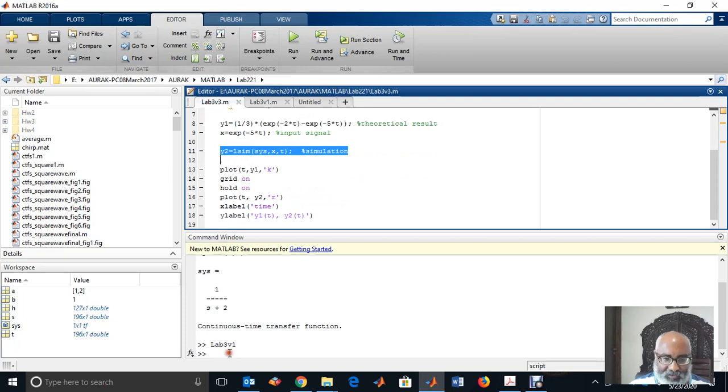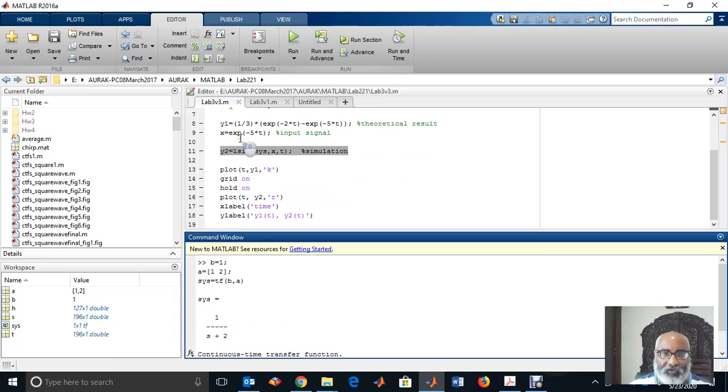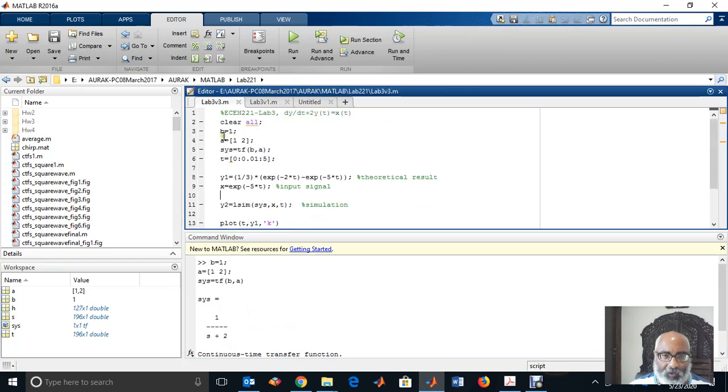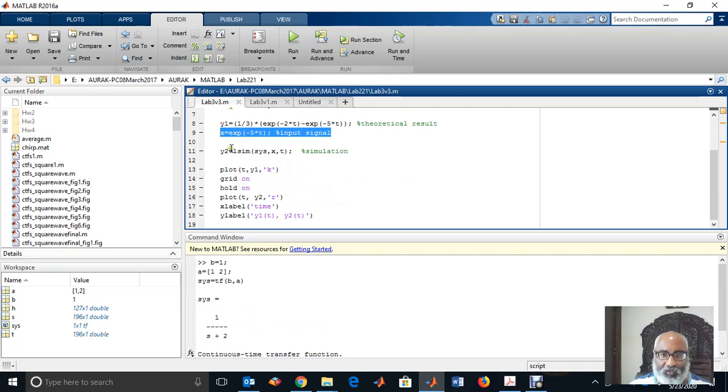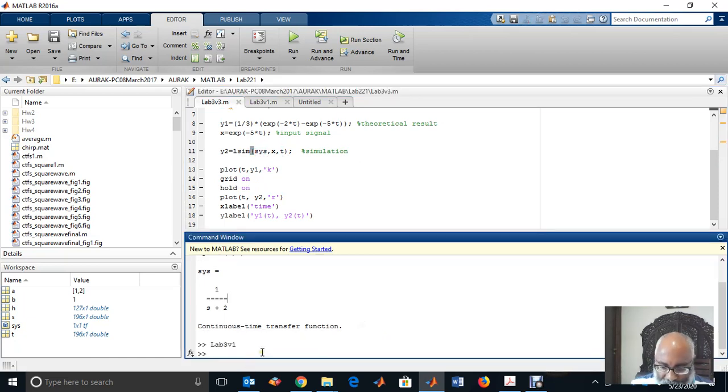Let's see how it looks. So you define this b1 and everything, and you have to put the equation of the theory, and then you have this input, and you have to say y2 equals LSIM system, x and t. Then you plot the theory, and then hold on, and you plot the simulation y2 together, and you compare the two.